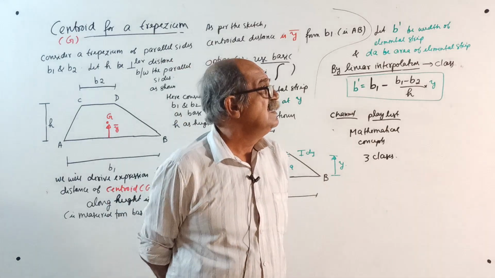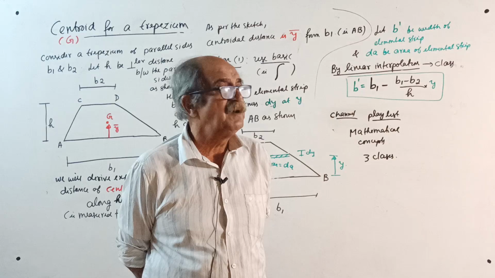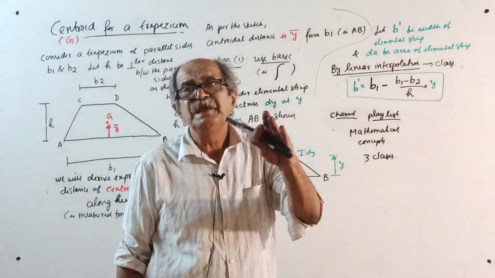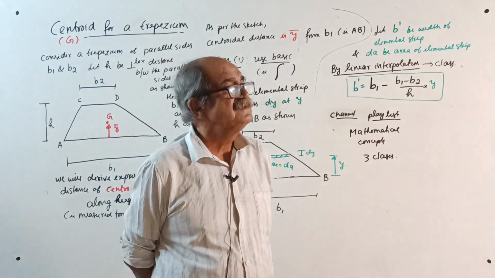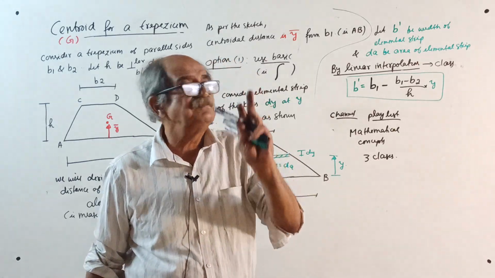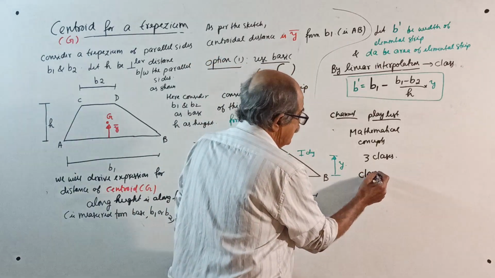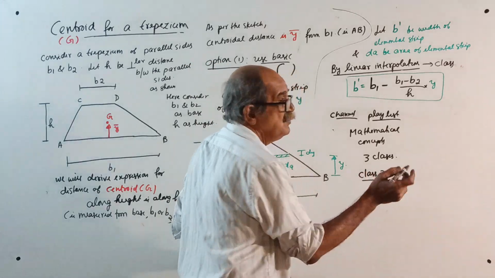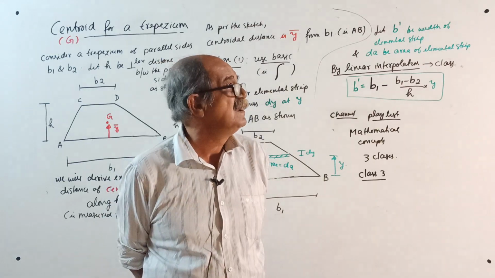Class number 1 is something else you require later. Class number 2 also, something else I will tell later. Go to class number 3, where you can see the heading linear interpolation.